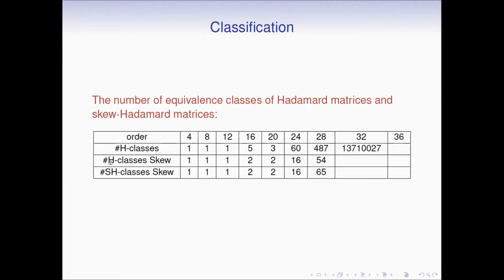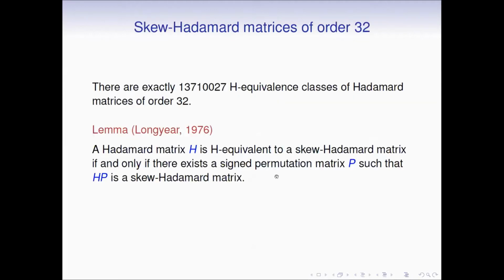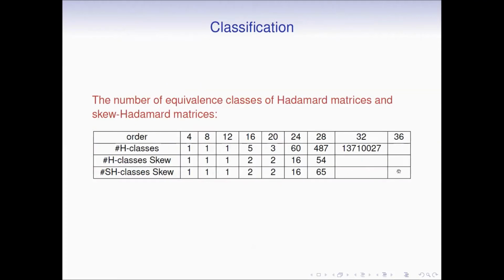The first row shows the number of Skew-Hadamard matrices in H equivalence, and the second one shows in Skew-Hadamard equivalence. As you see, the classification is known up to 28, and we here are trying to extend this classification to order 32 and 36. So we want to find these entries here, here, and here.